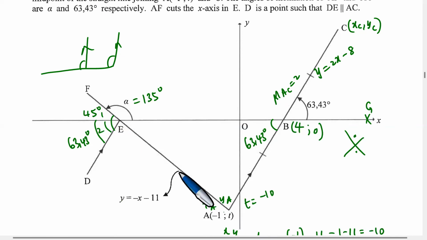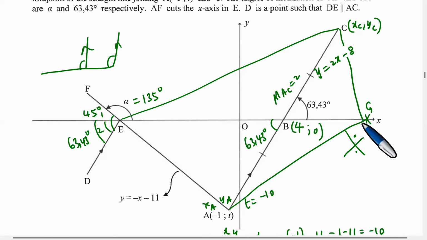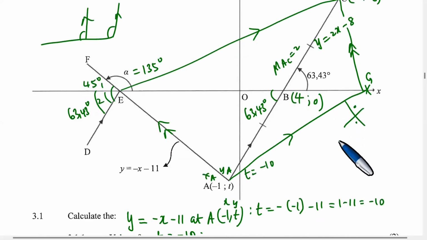So you have E, A, then there's G, and there's C. You have something like this. But it's a parallelogram, so you have the opposite sides equal and parallel to each other. And this is the sort of shape you're getting.